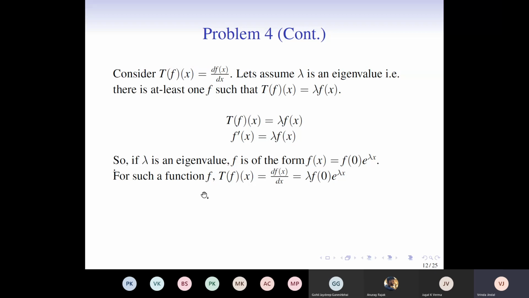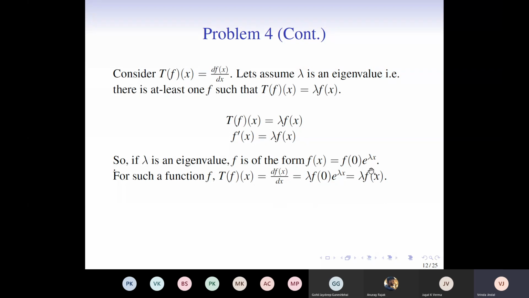For such a function f, we again, as we had done before, put it in the equation. For T of f this time, we get T of f indeed as lambda times f of x, because the differentiation of f of 0 e power lambda x is just lambda coming out, lambda times f of 0 e power lambda x, because d by dx of e power x equals e power x.